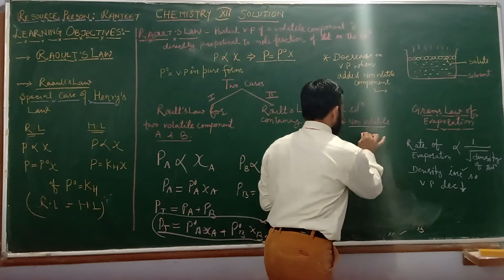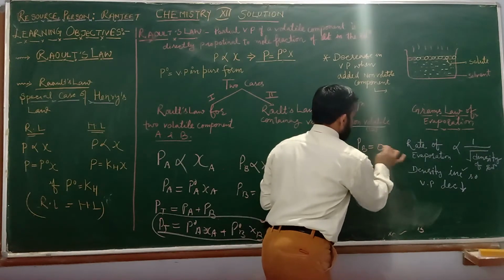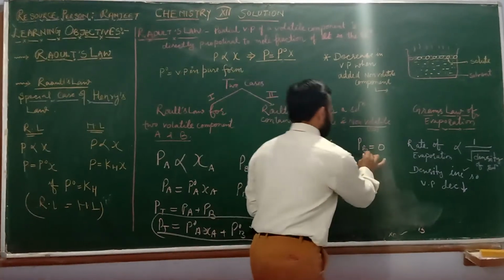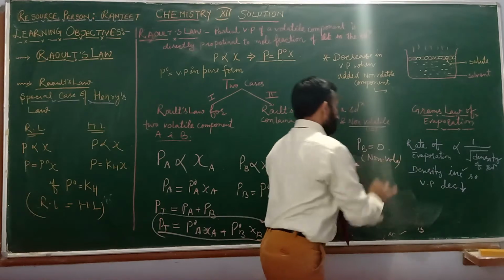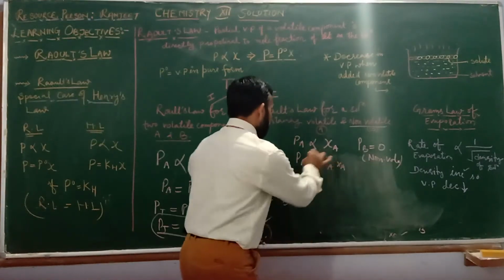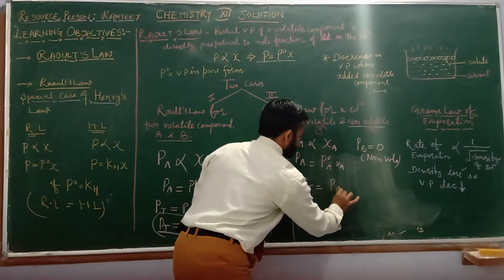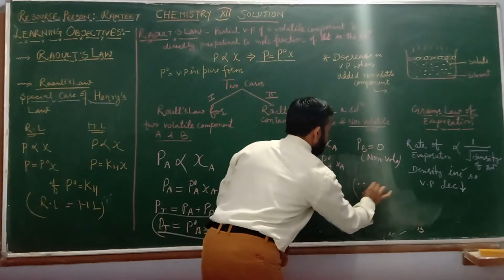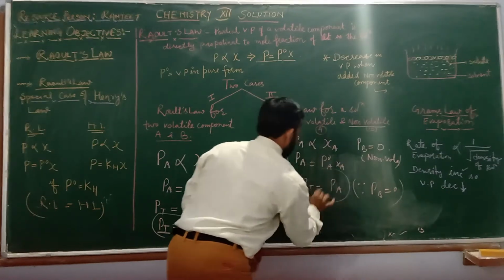So PB is equal to 0 because it is non-volatile. So P total will be only PA, because PB equals 0.